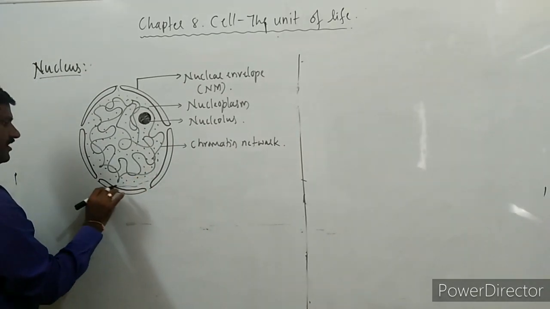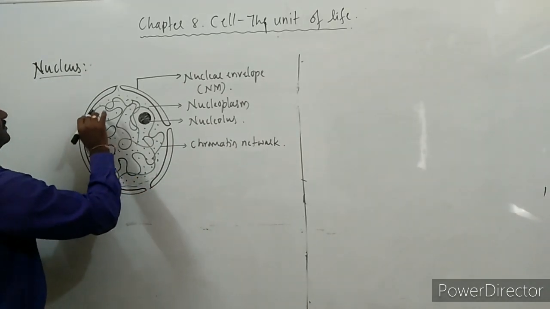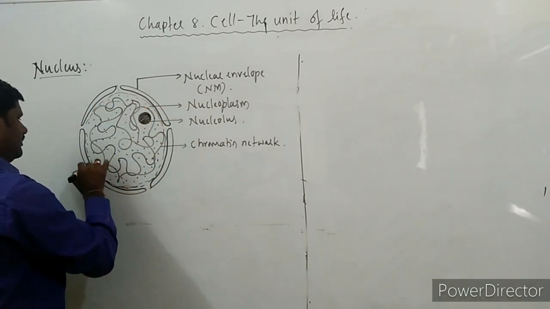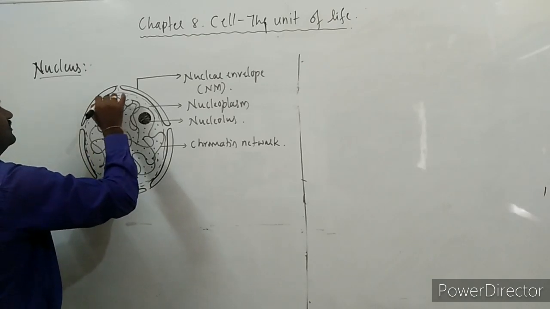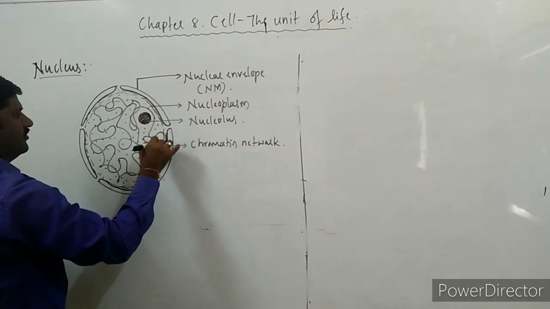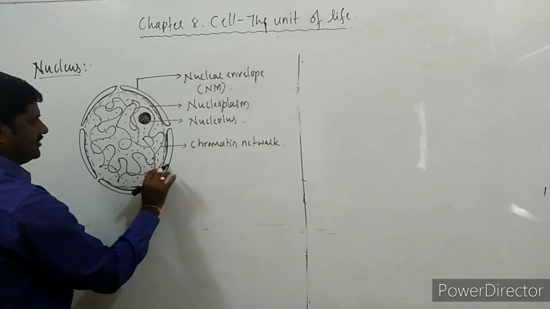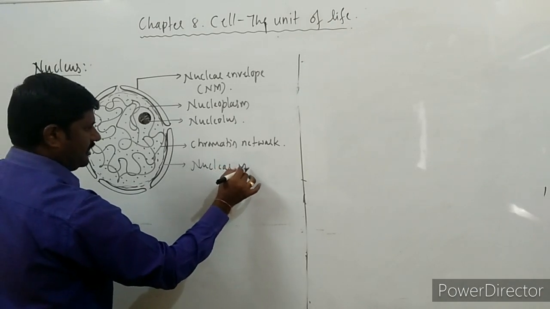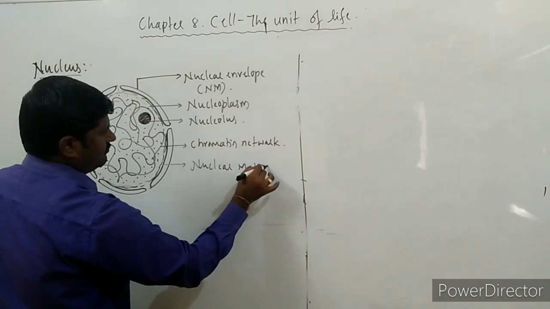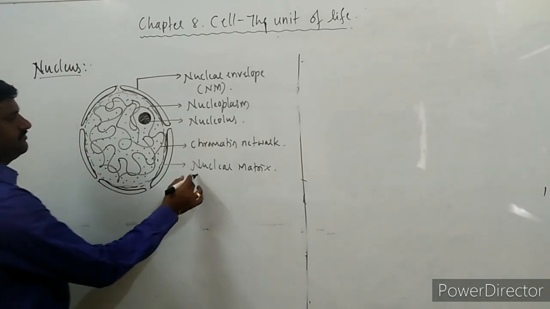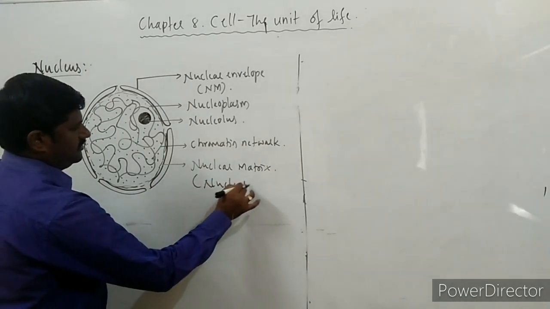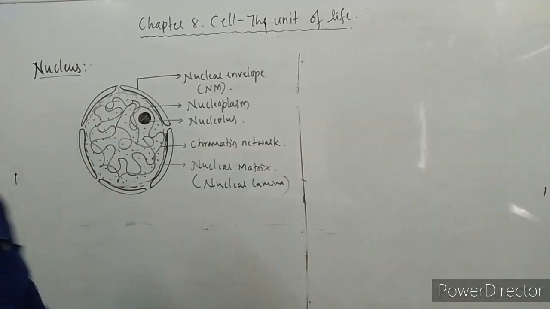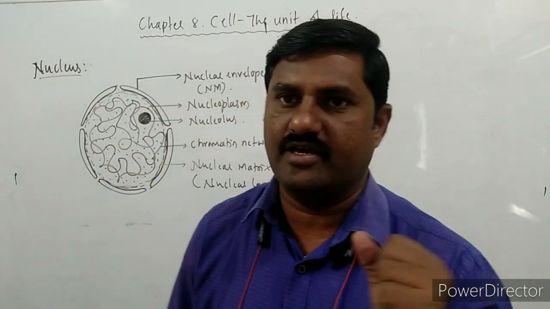And here you will find the fibrous material which is attached to the inner membrane of the nucleus, and that fibrous material makes the nuclear lamina, that is nuclear matrix. It is also known as nuclear lamina. Okay, these are the major parts of the nucleus that we come across over here.